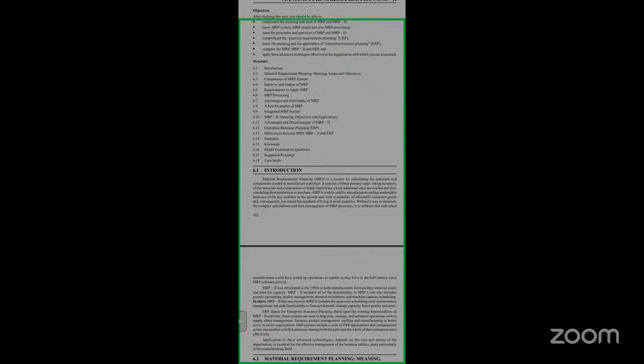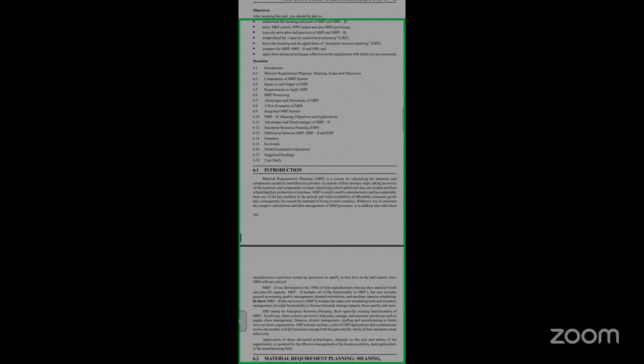Material requirements planning is a system for calculating the materials and components needed to manufacture a product. It consists of three primary steps: taking inventory of the materials and components on hand, identifying which additional ones are needed, and then scheduling the production or purchase.